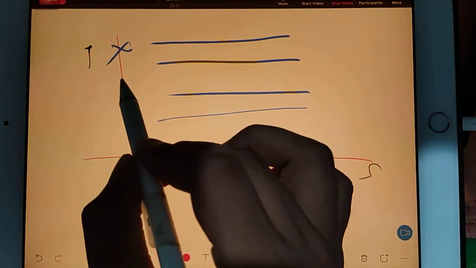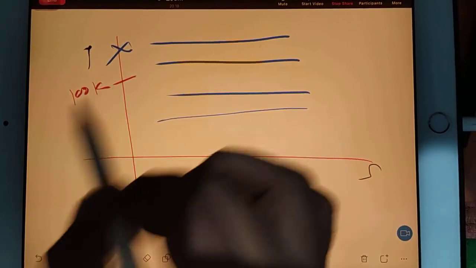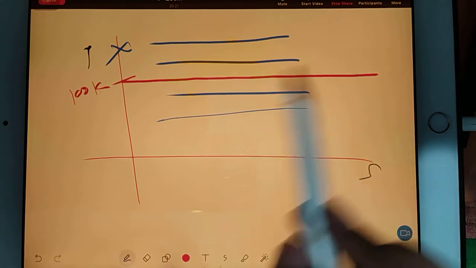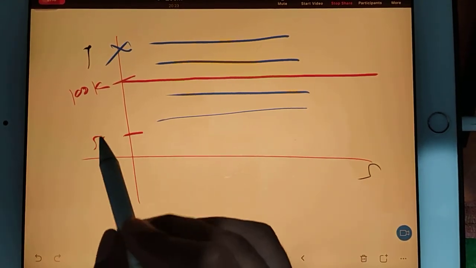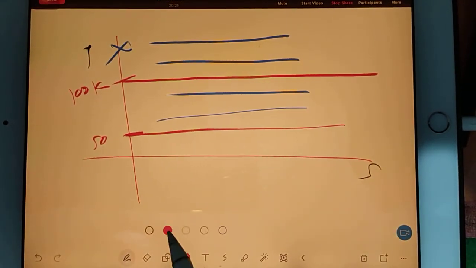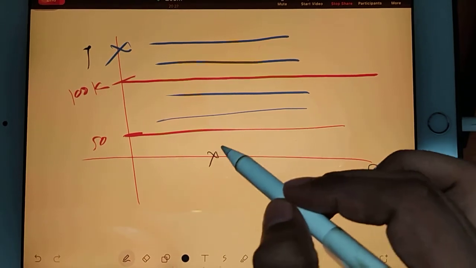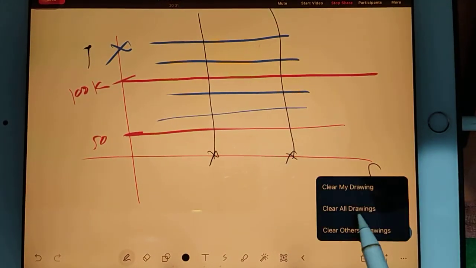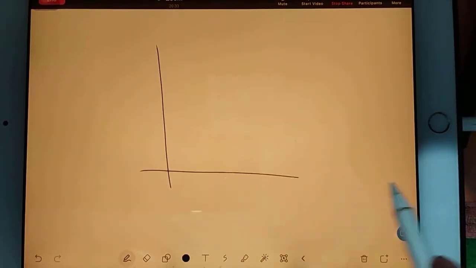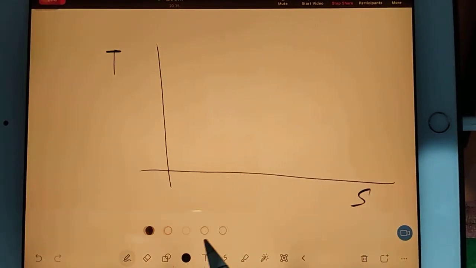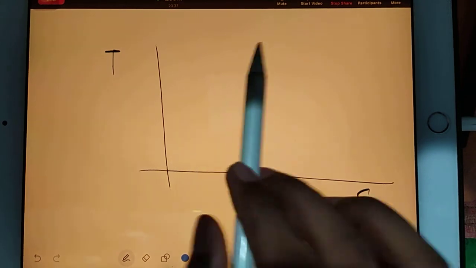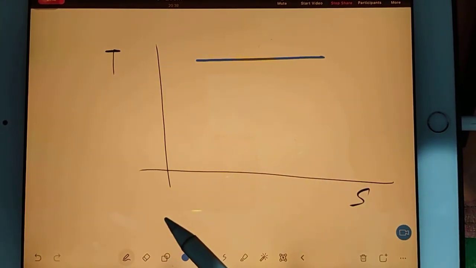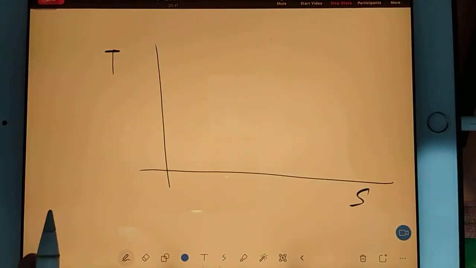So imagine at this point you have a temperature of 100 Kelvin, so the temperature line should be a constant line. Suppose here you have 50 Kelvin, it should be a constant line. Suppose your entropy is constant, so entropy is this much and it is constant, this line. It means on the TS diagram, if your temperature is constant, then that line will be a horizontal line. And if your entropy is constant, then it will be a vertical line. Okay.